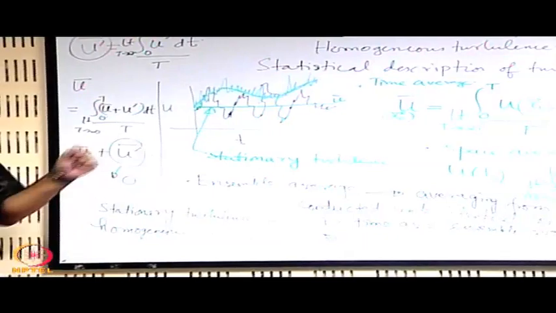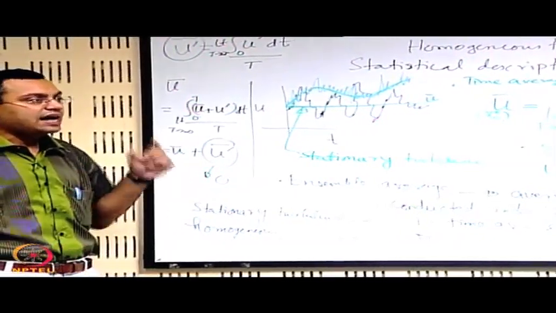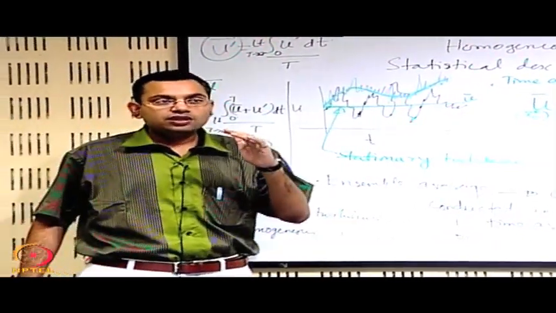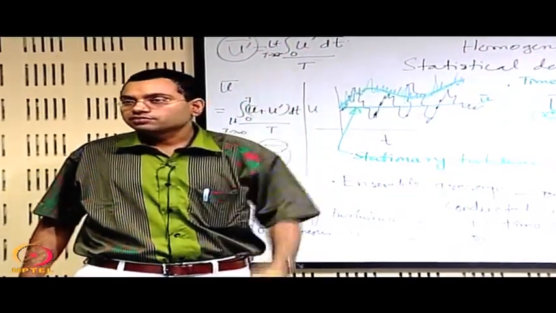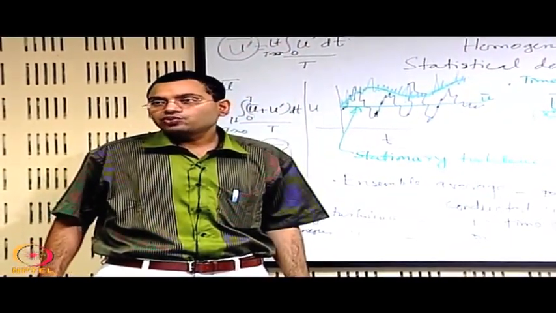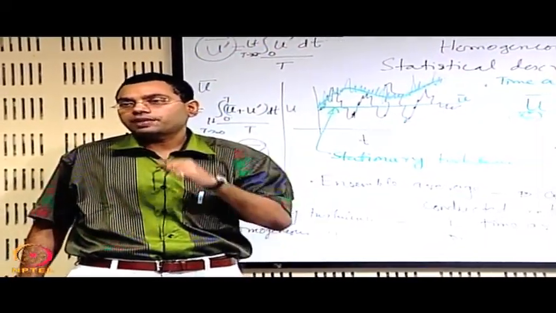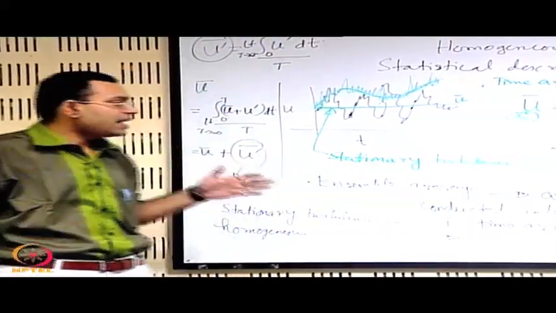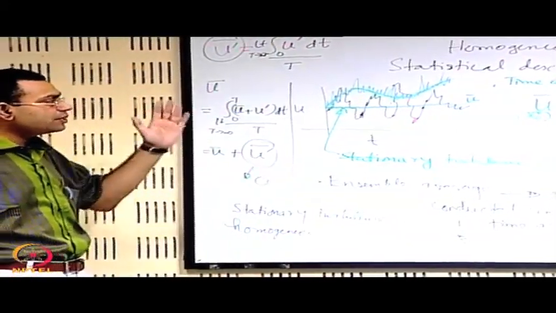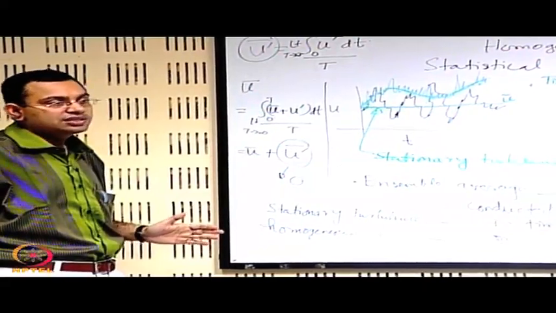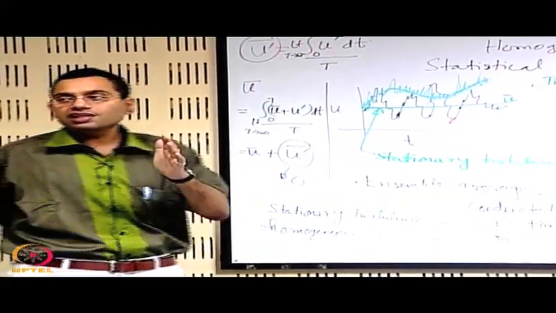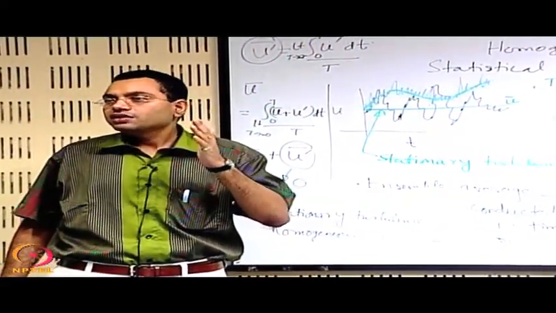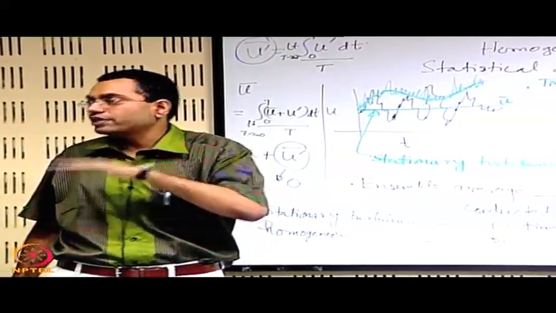So when you have turbulence statistics position independent, that means at a given time if you do the experiment at different positions, then what happens? At a given time you are doing the experiment just at different positions, but different positions have the same behavior in terms of the average.